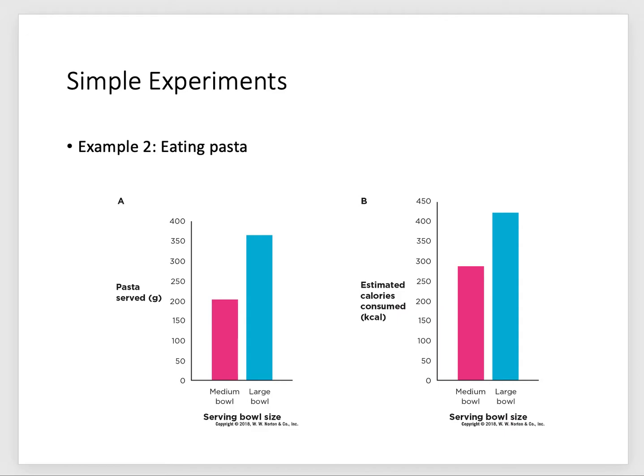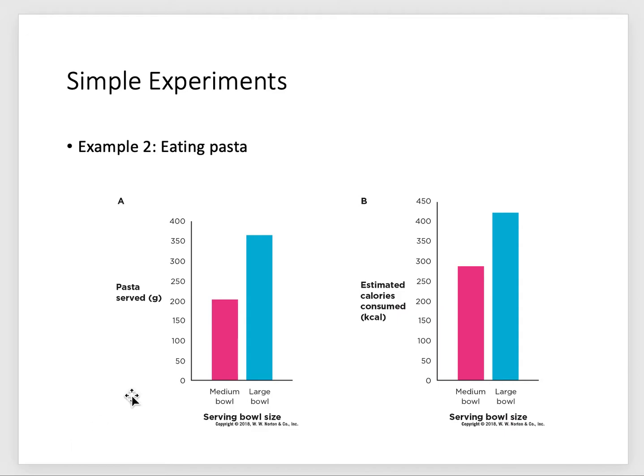Some of you may have an idea where this is going: if we serve from a larger bowl, we give ourselves more pasta, and we may also be more inclined to eat more pasta. And that's exactly what these figures are showing.